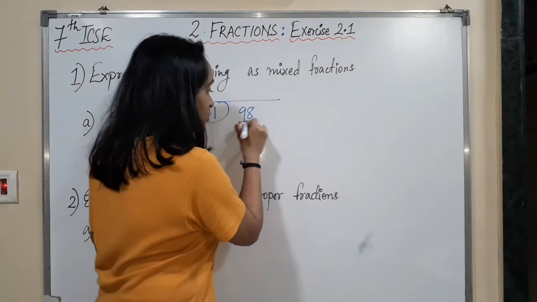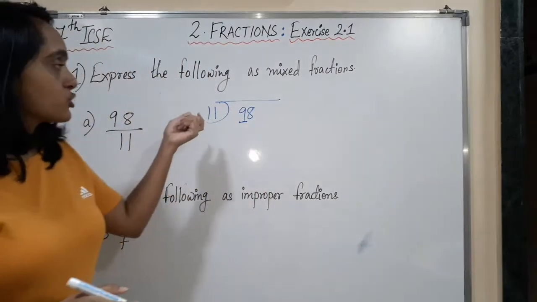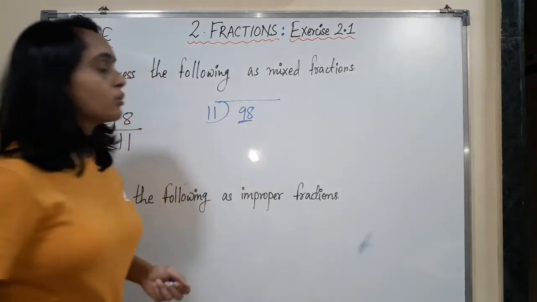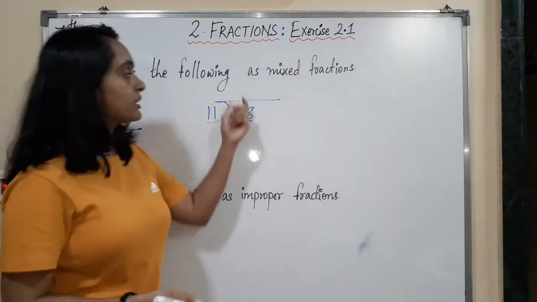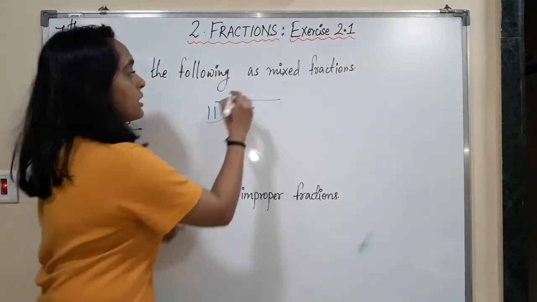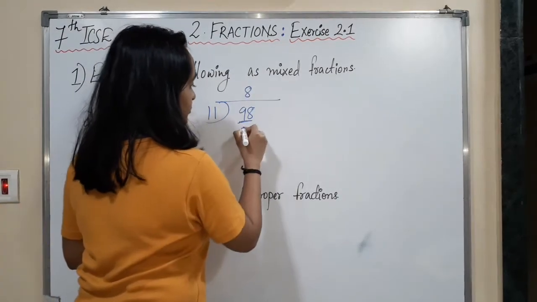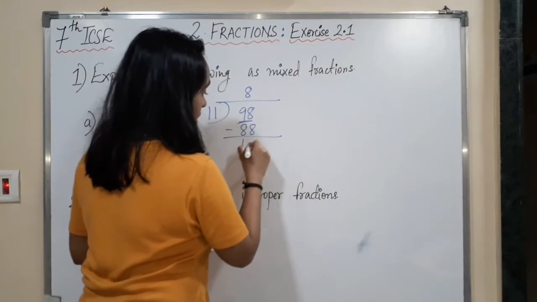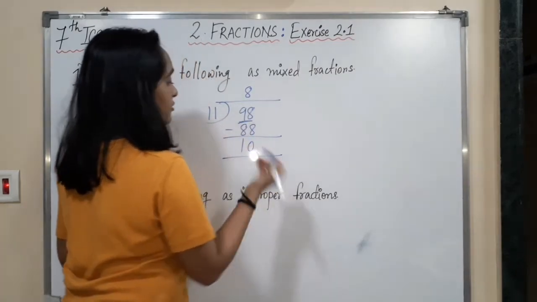As the first digit 9 is smaller than 11, we will consider both the digits together. 11 9s are 99, but 99 is greater than 98. So we will take 11 8s are 88. So the remainder will be 10.